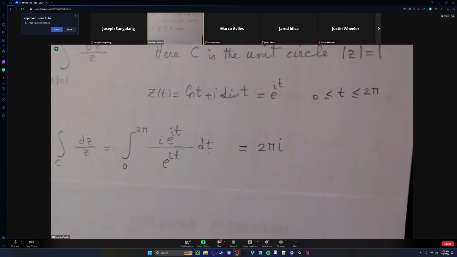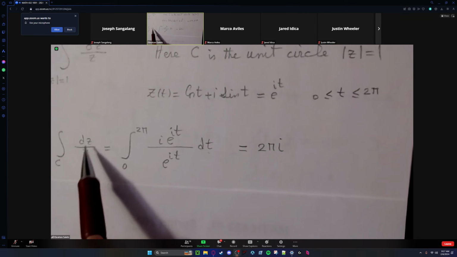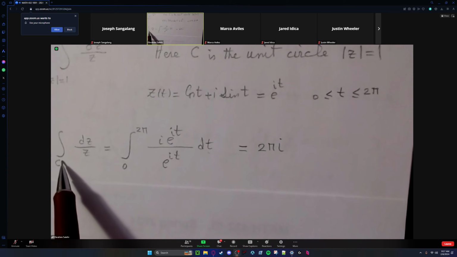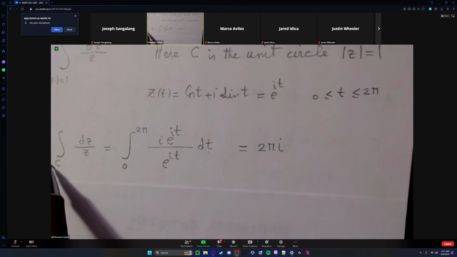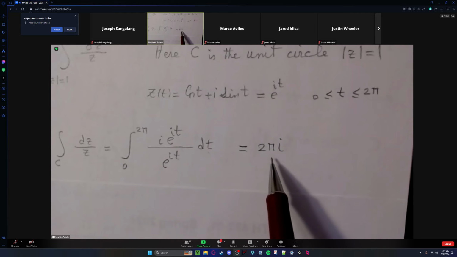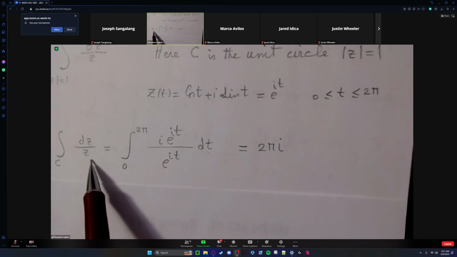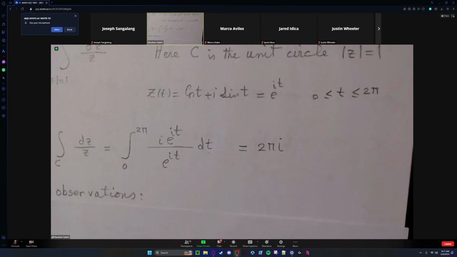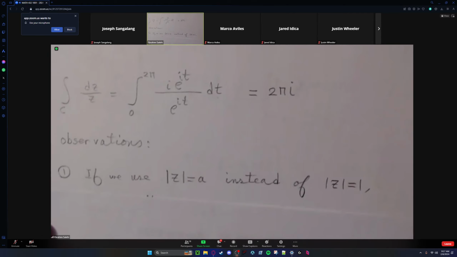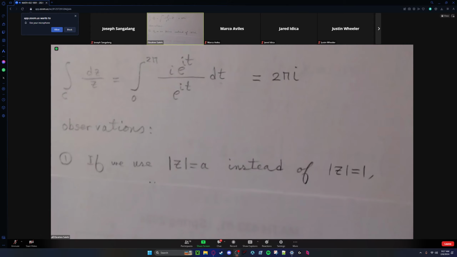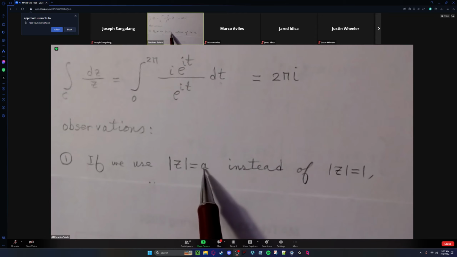So if you integrate dz over z over the unit circle, this is what you get. It doesn't have to be the unit circle. It could be any circle. It could be a circle of radius a.